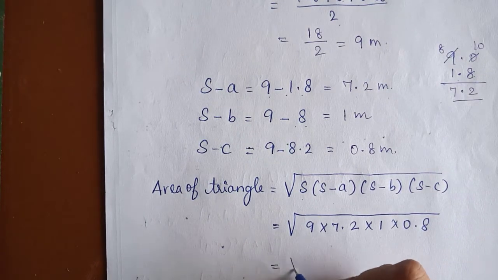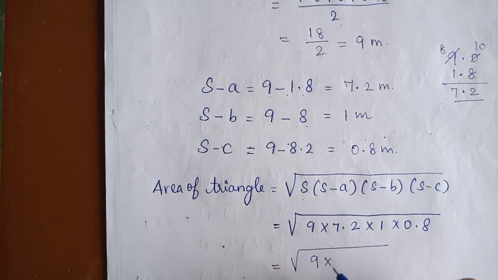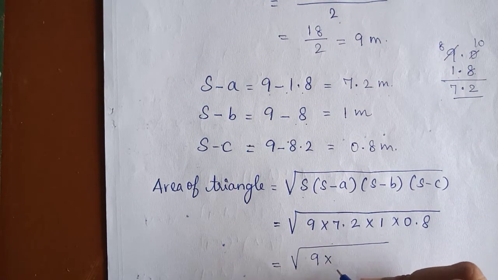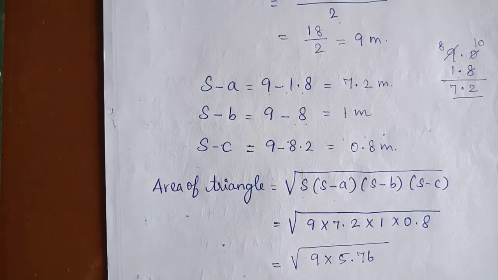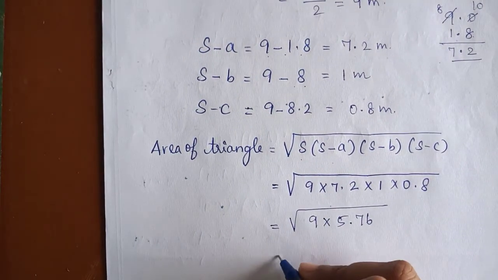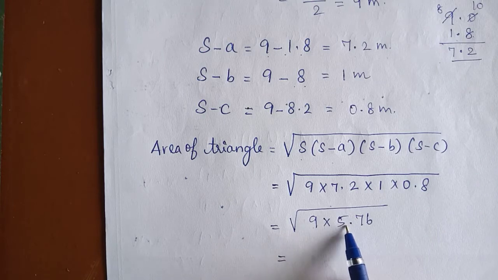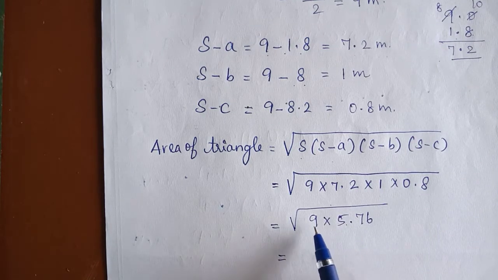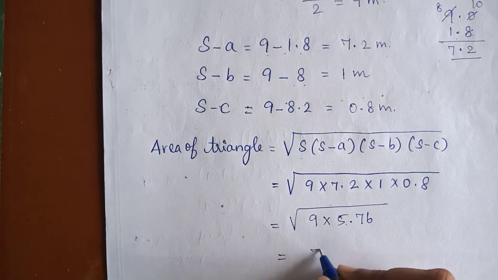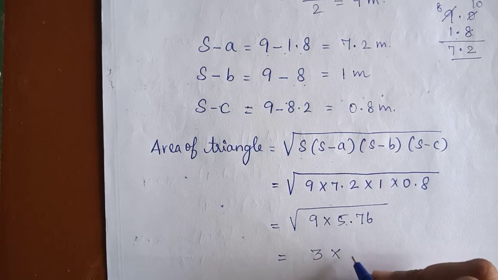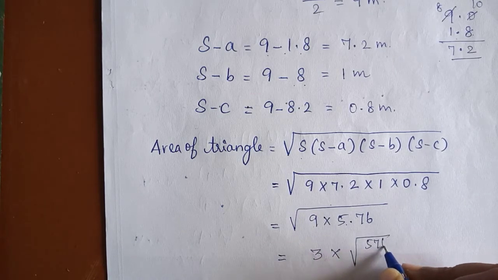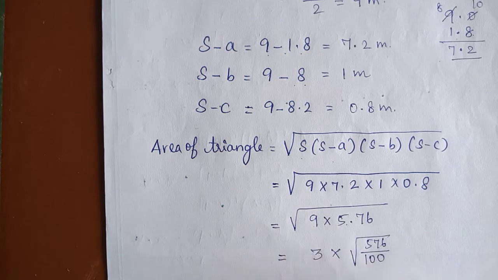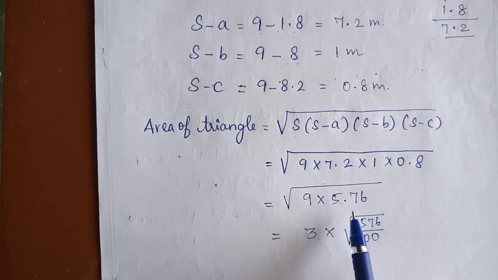Here 7.2 into 0.8 is nothing but 5.76, into 1, again 5.76. So it is equal to root of 9 into 5.76. Root 9 is nothing but 3. So 3 into root of 576 by 100, because you can change the decimal into the form of a fraction.